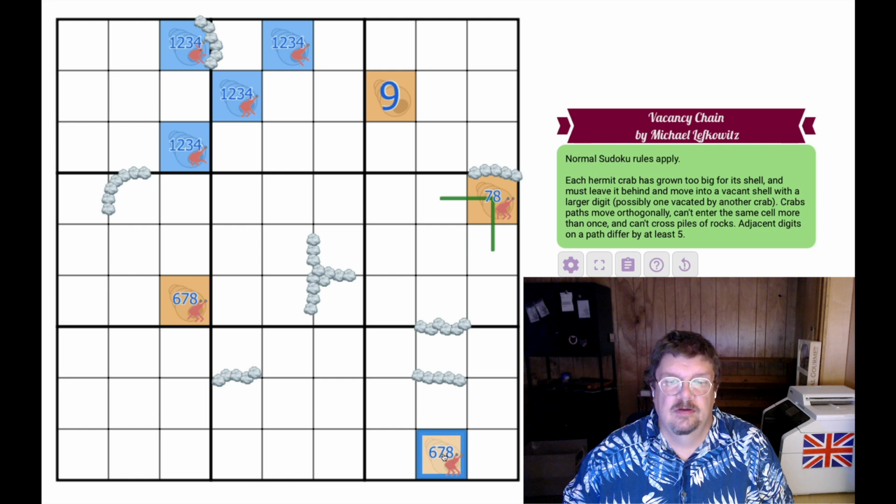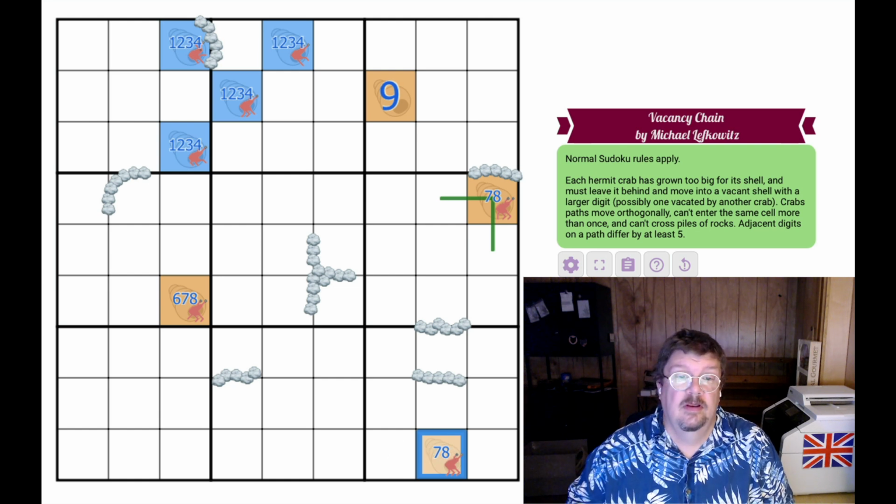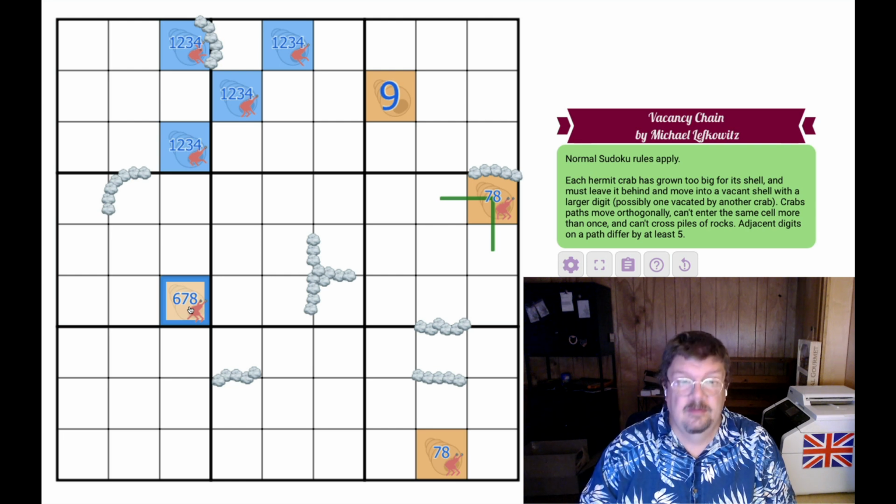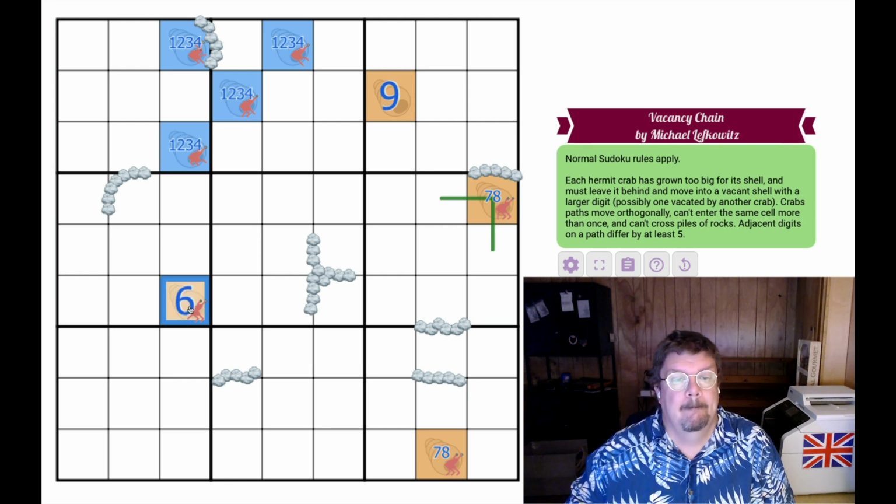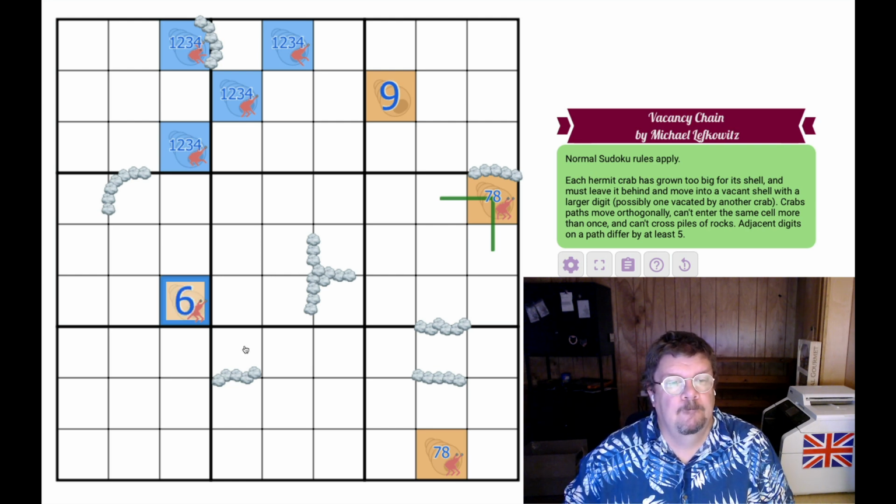Because if it were a 6, those 2 cells that are on the line would be 1s. So that's not a 6. So that means that this must be a 6. Okay. And now I have 2 cells that must be, that don't see each other by Sudoku.